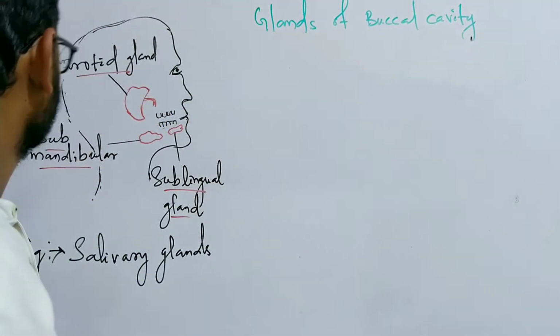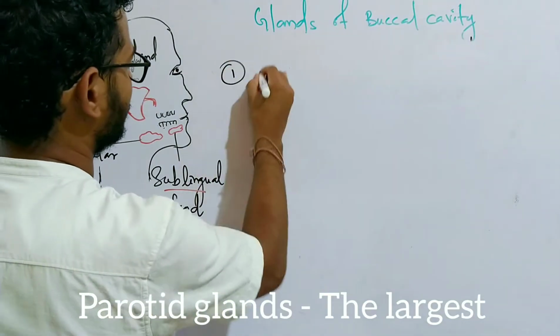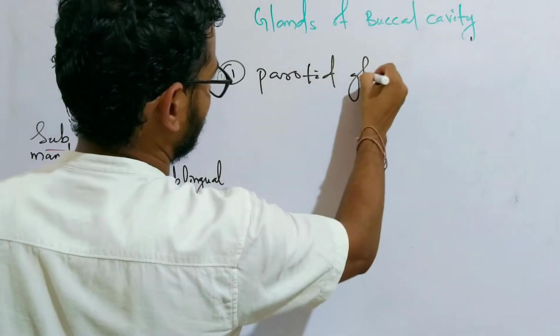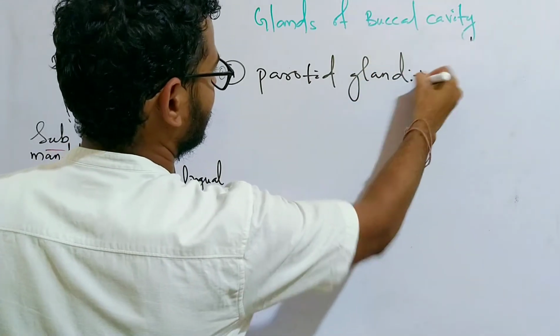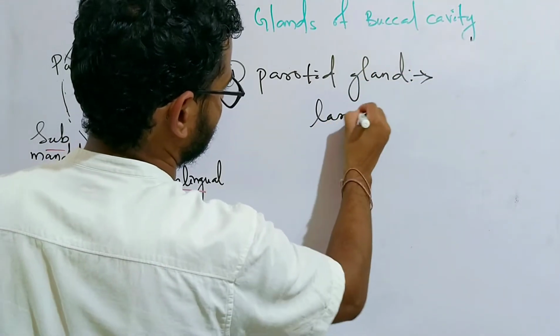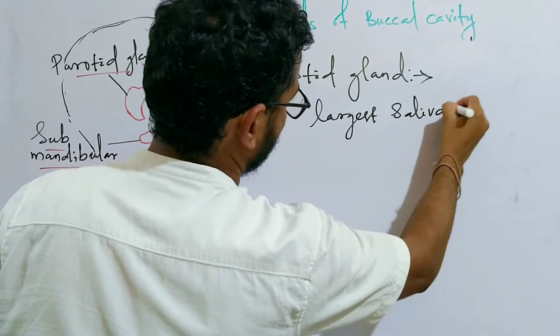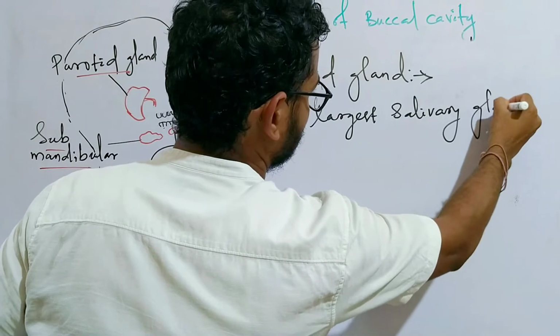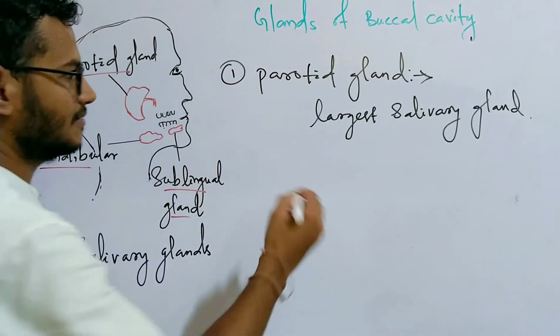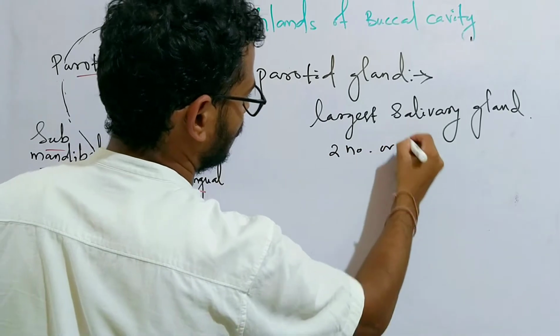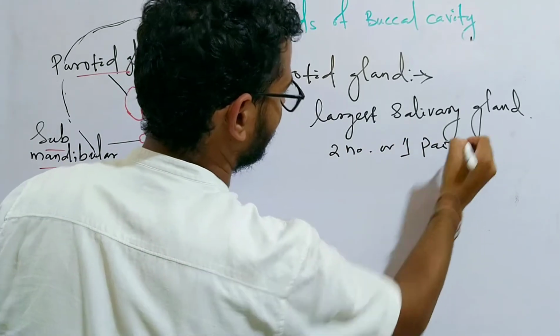First we will discuss the largest salivary gland, that is the parotid gland. I have already told you this is the largest salivary gland. They are present in pairs, meaning 1 pair of glands.